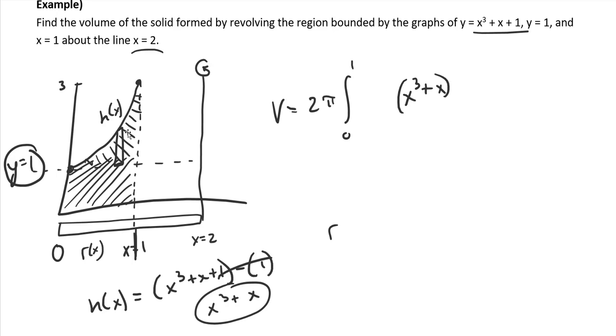Well, what's our r of x? Our r of x is also going to be a little bit more difficult, because this piece here, okay, if I find this value of x, which is what we've done, I have to subtract off the axis of revolution, which is 2. So it's 2 minus x in this case. No matter where the r is, wherever the radius is, it's always going to be x.